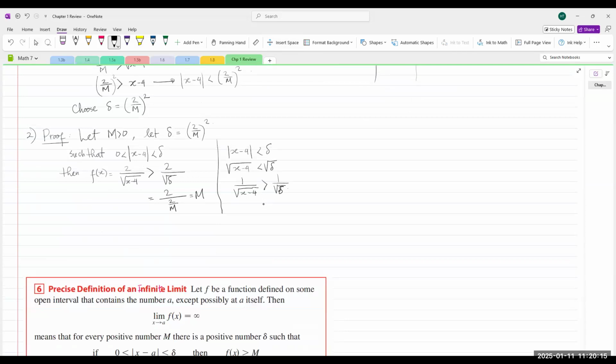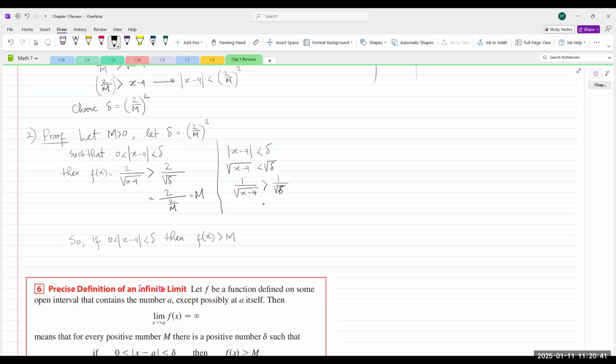Okay, so if absolute value of x minus 4 is less than delta but not 0, we choose this way. Then the outcome is f(x) is greater than whatever m that you chose.